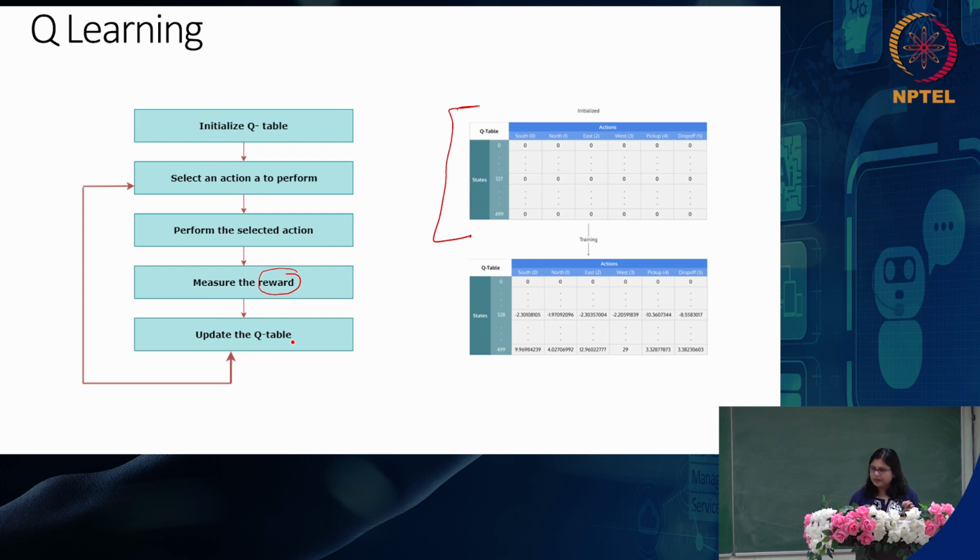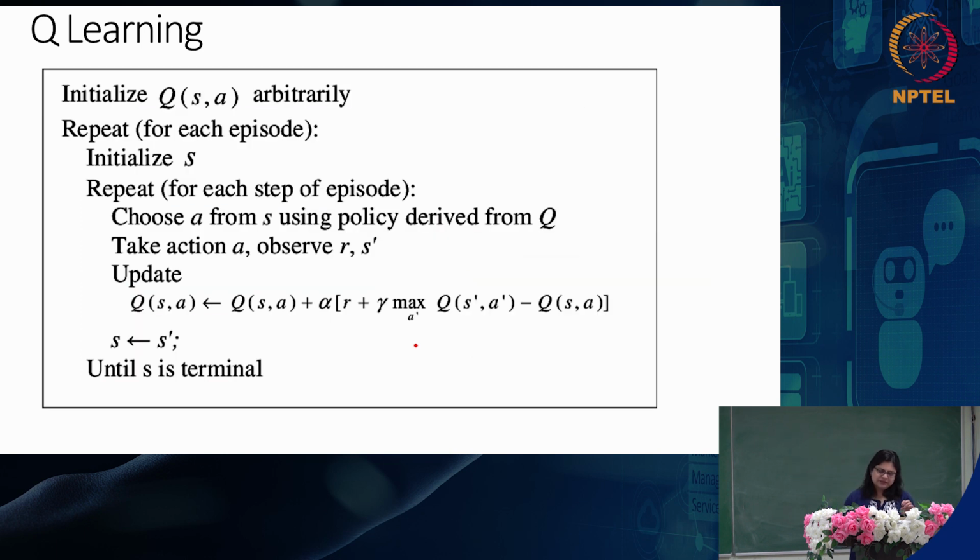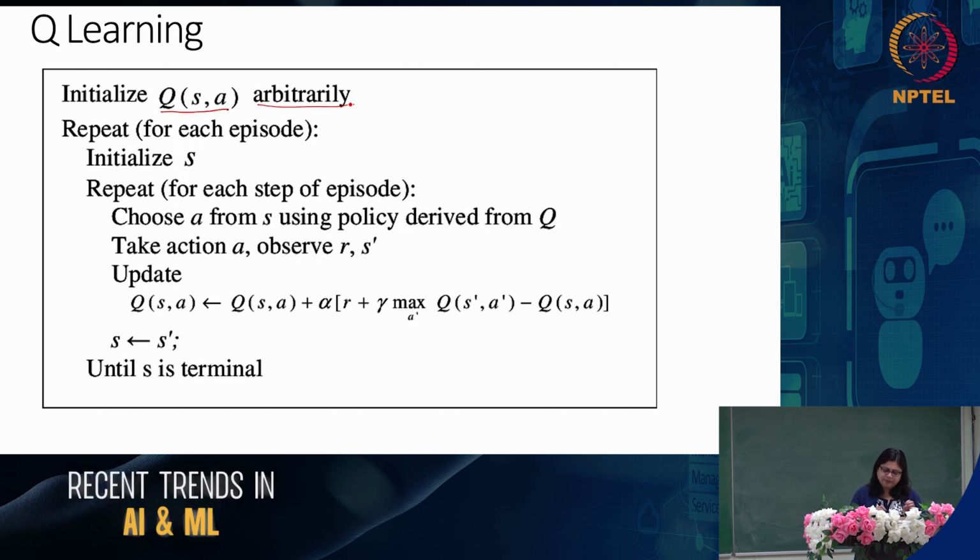Then by using the temporal difference formula I just showed, that is the Bellman equation, you update the Q value, the Q table. That is the idea, and you keep on doing it; this is an iterative process. In Q learning, you initialize Q arbitrarily and repeat for each episode.